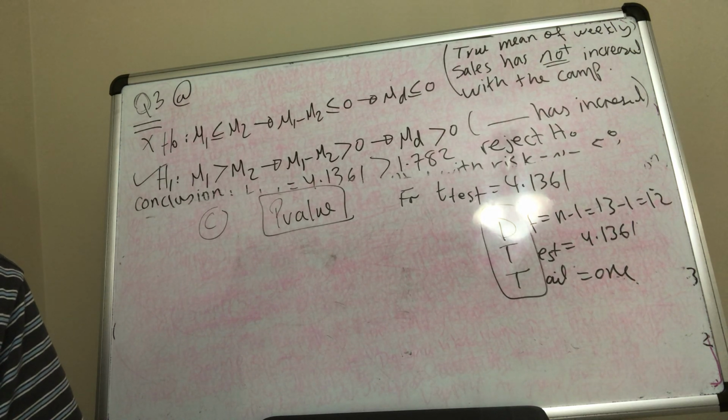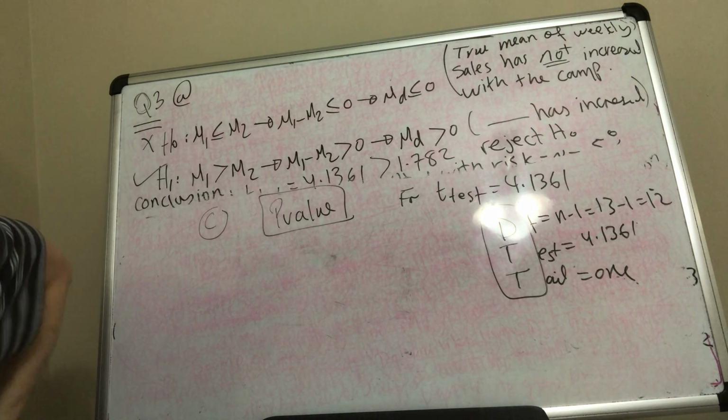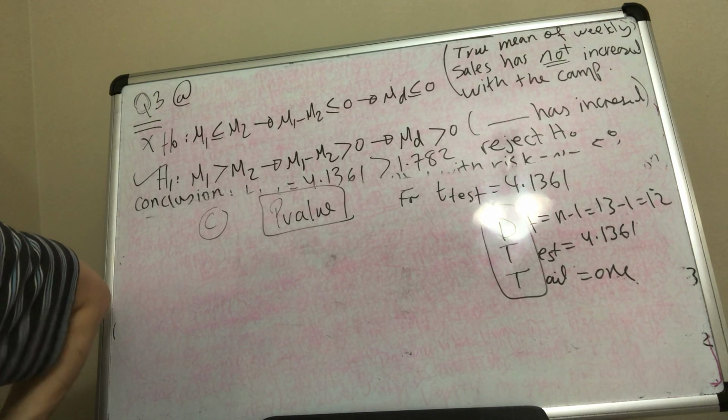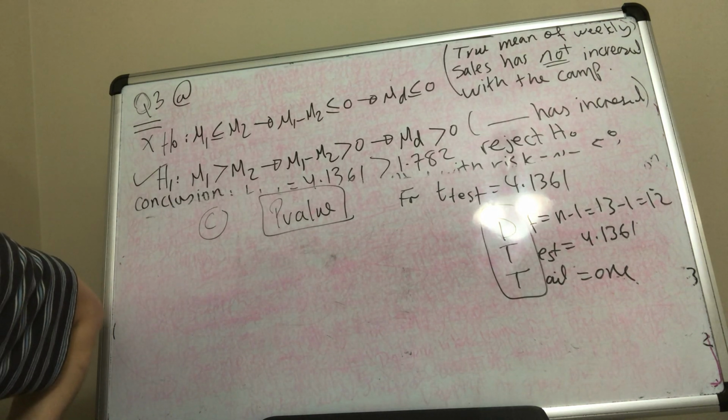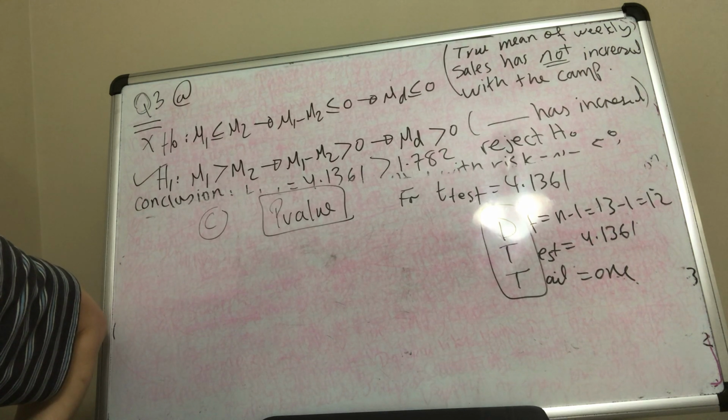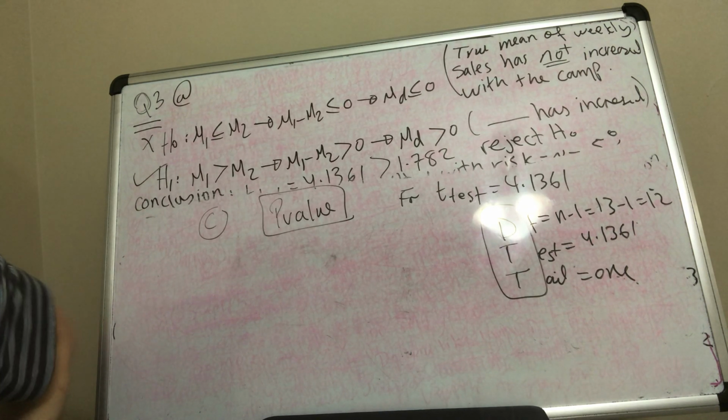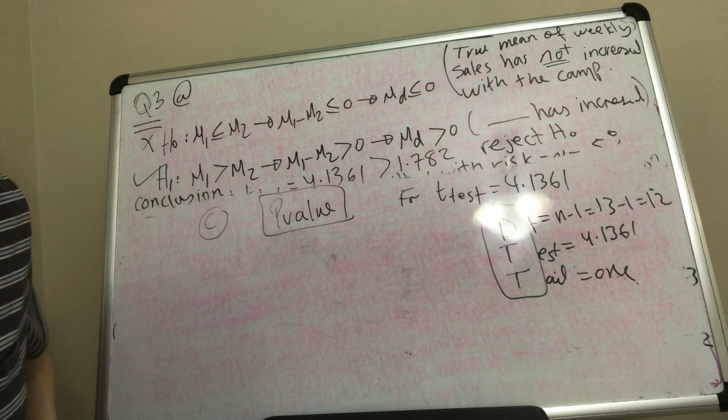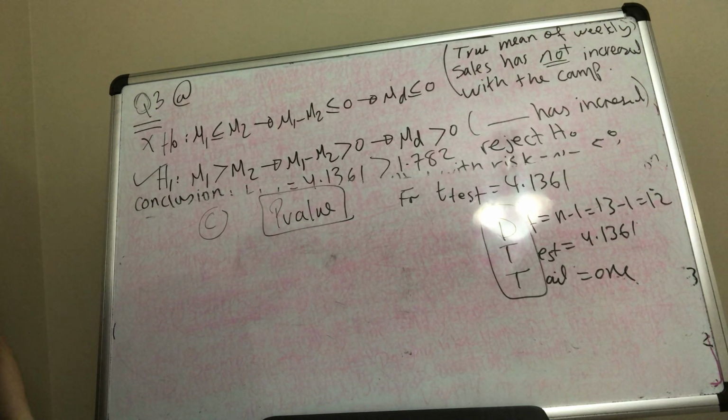It's between 3.9 and 4.3. If I go to the one-tail percentage, it's between 0.001 and 0.005. So, you go to the one-tail percentage, not the two-tail.